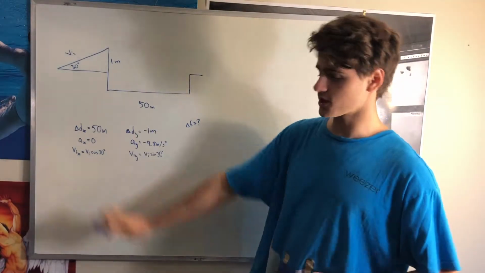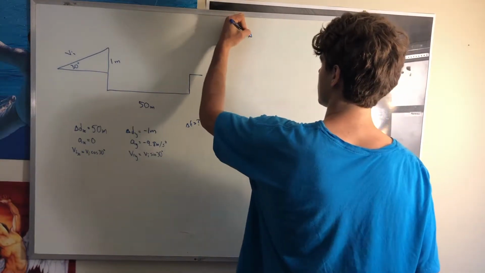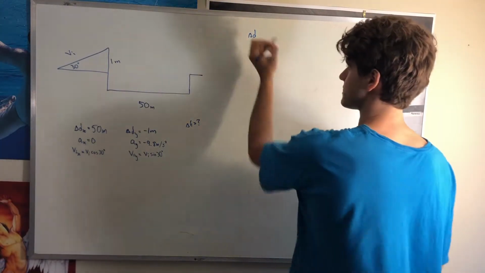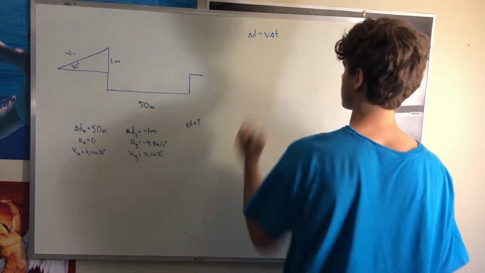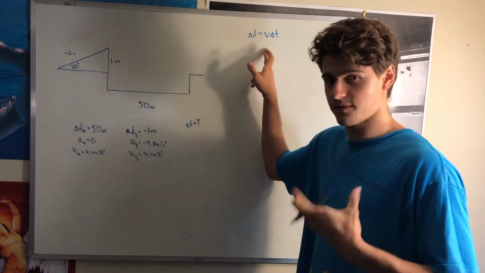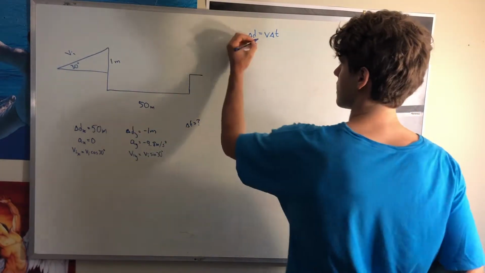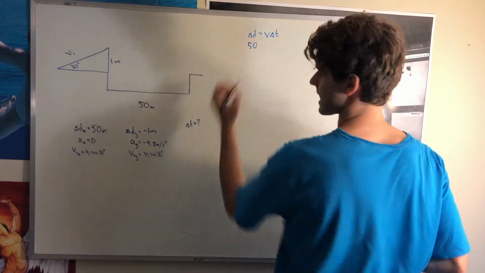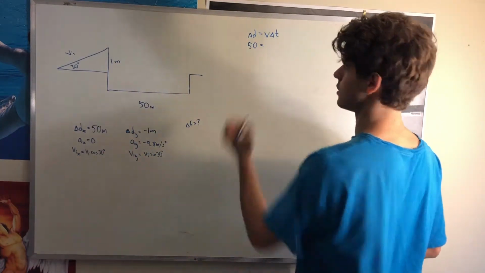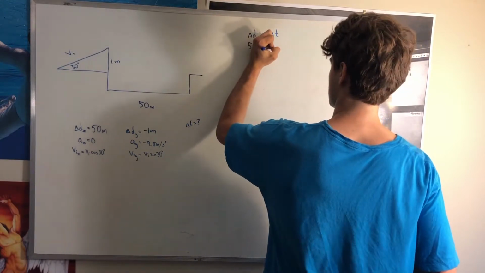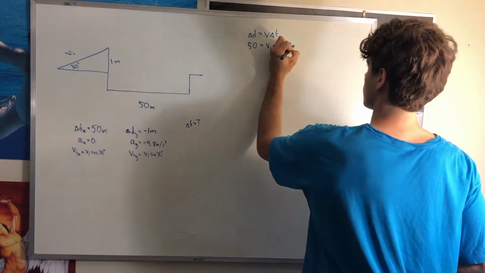Using the horizontal variables, I'm going to isolate for time. Always, the displacement of something equals its velocity times the time taken. That's one of our standard definition equations. Now I can use the values I have: delta d along x is 50, and that equals VI at x, which is VI cos 30, times the time, which we don't know.